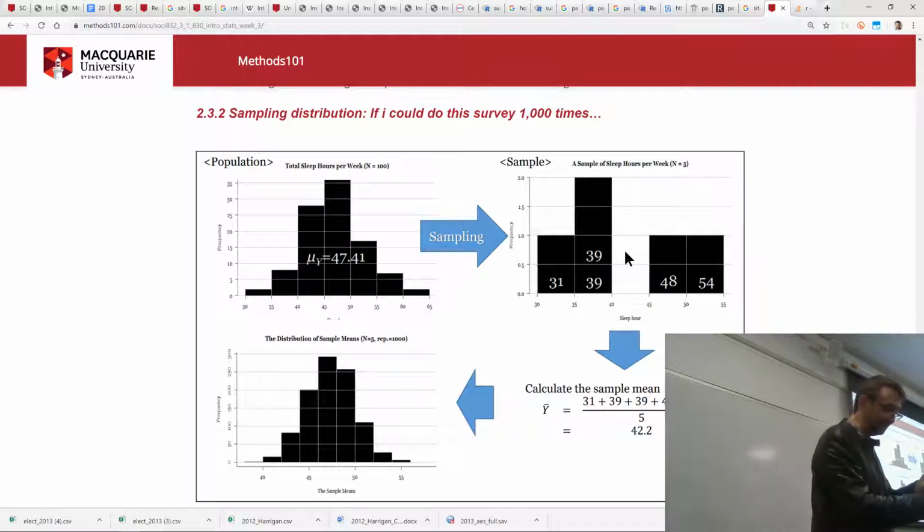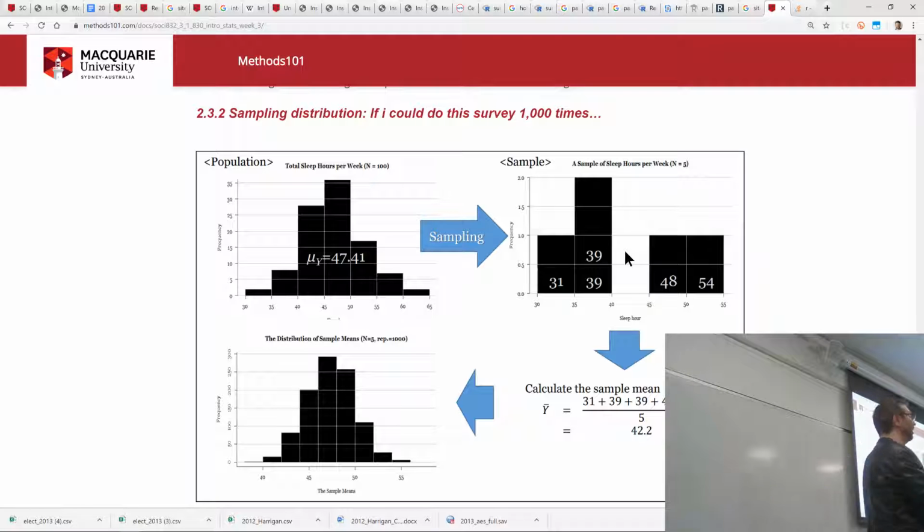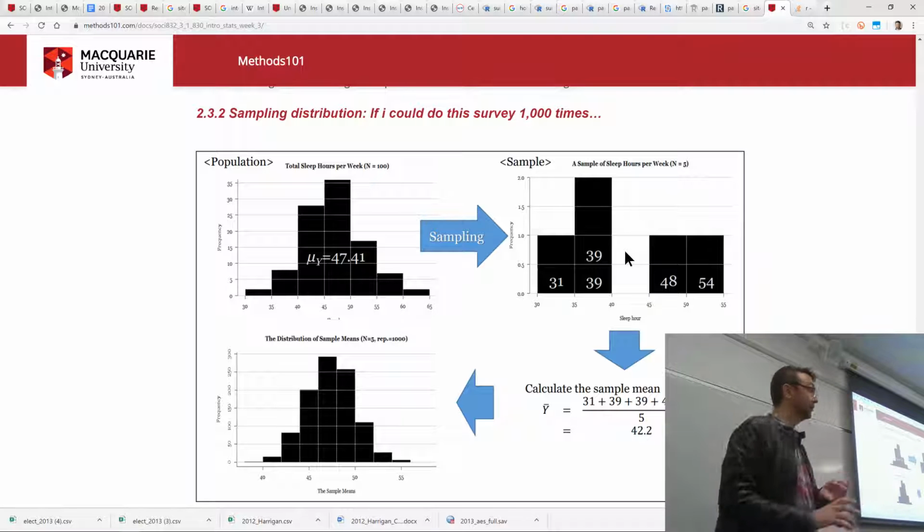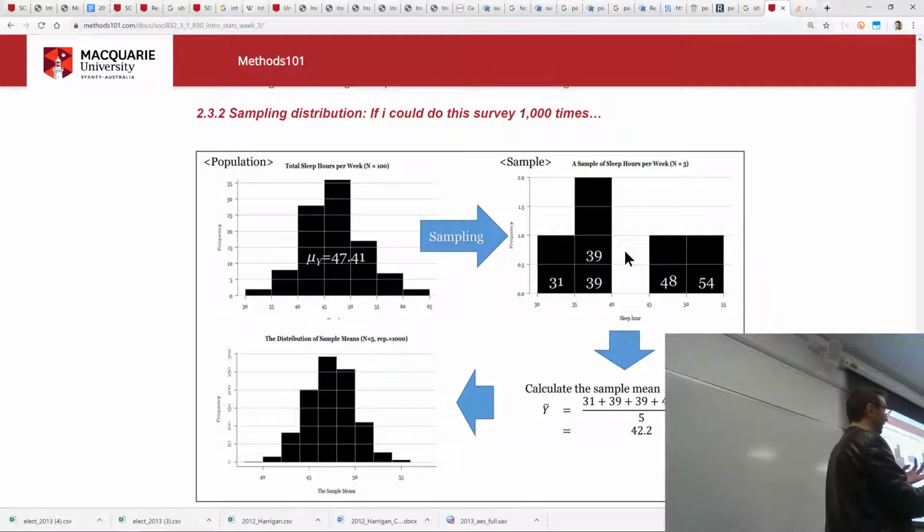We have one sample, but we want to say something about the world, right? And it turns out that the thing we want to say about the world is to make an estimate of that population parameter, right? From our sample, we can work out a mean, a point estimate of the population parameter, fine.